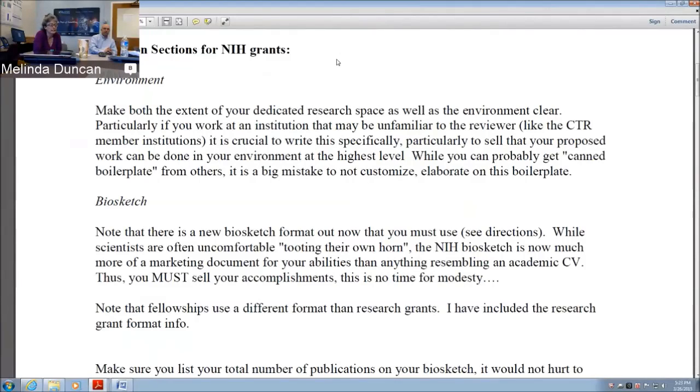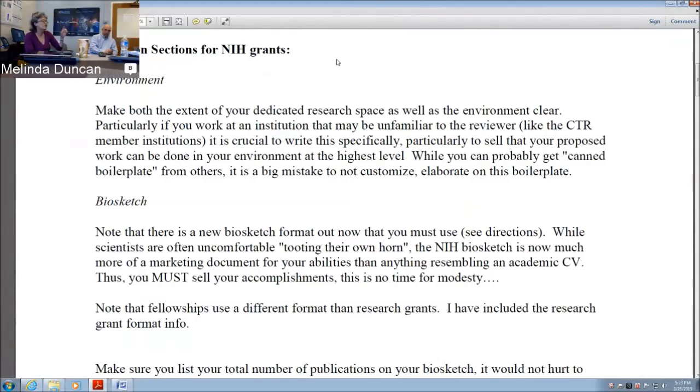So basically the take home is that you don't just rely on canned boilerplates for this. Actually, the directions in the NIH grants say, explain your environment and explain how your environment actually facilitates success on your research project.